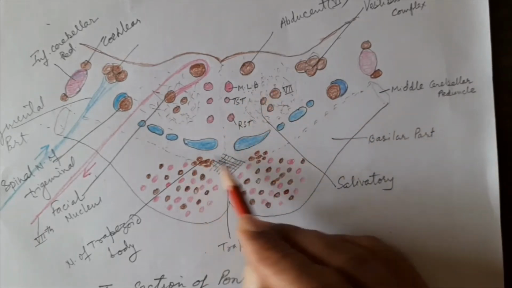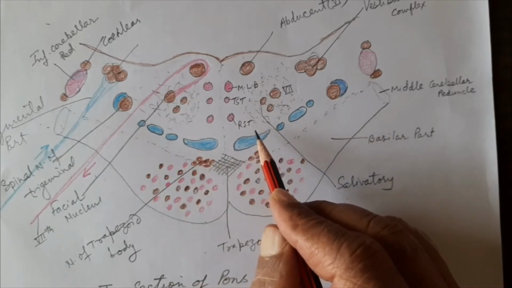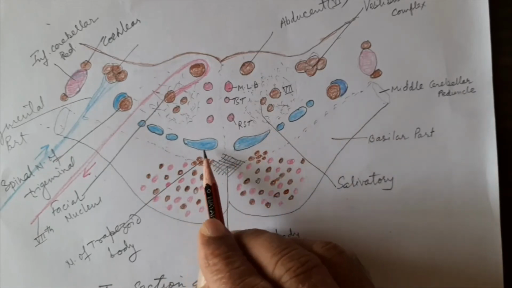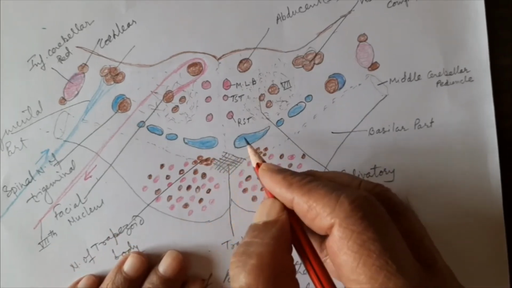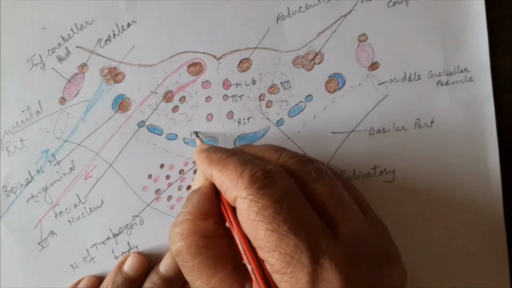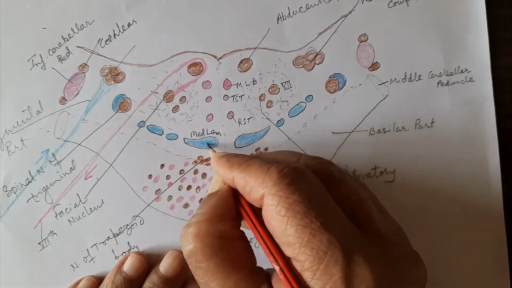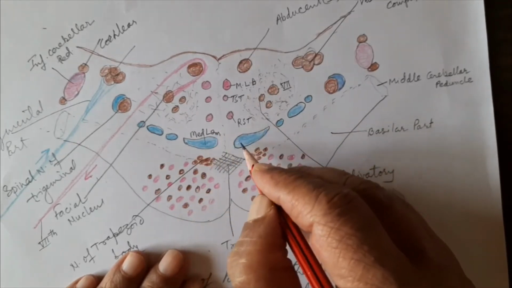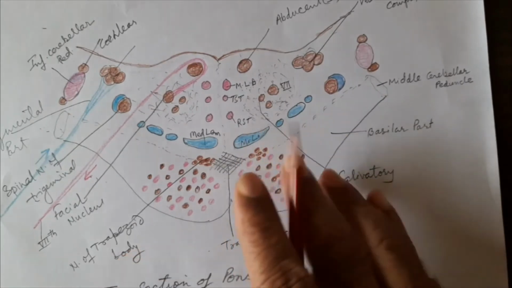Now beside this we will have to see the other white fibers, and they are in the form of the lemniscus. This is the medial lemniscus on either side of the median plane, ML.